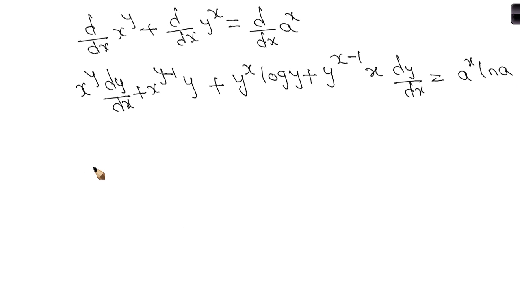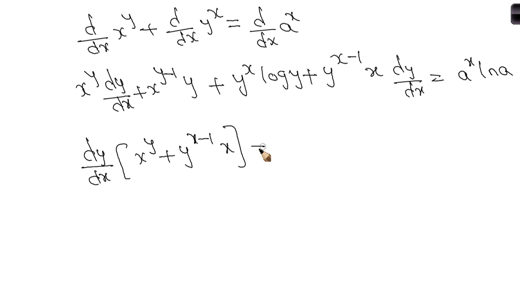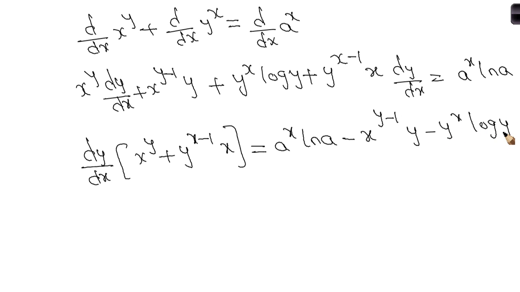So let me solve for dy by dx. Take dy by dx common. If I take dy by dx common, I get dy by dx times (x power y log x plus y power x minus 1 into x). This is what I get for dy by dx. So take the rest of the terms onto the other side. It becomes a power x ln of a minus x power y minus 1 into y minus y power x into log y.